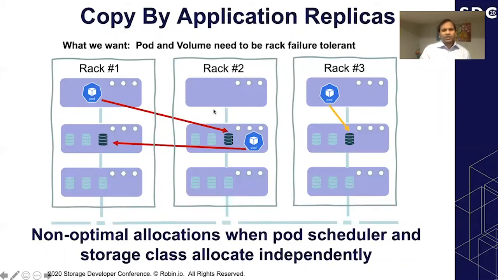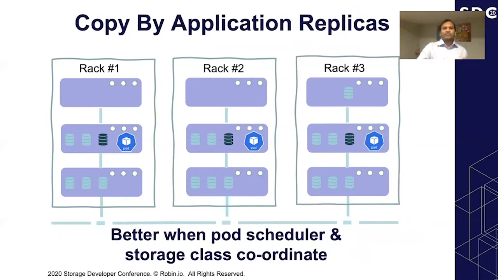And also, if rack 2 fails, then you have 2 pods which have failed, because the rack 1 pod can't access data, and the rack 2 pod is already gone. So when the scheduler and the CSI don't coordinate with each other, this kind of non-optimal allocation and lapses in data protection can happen.